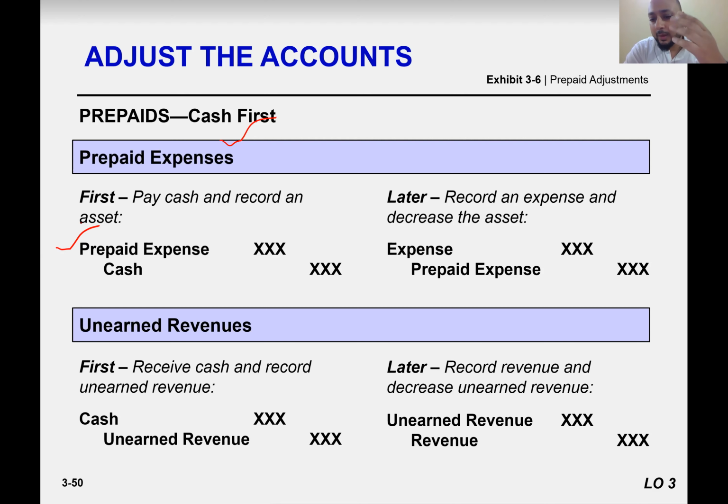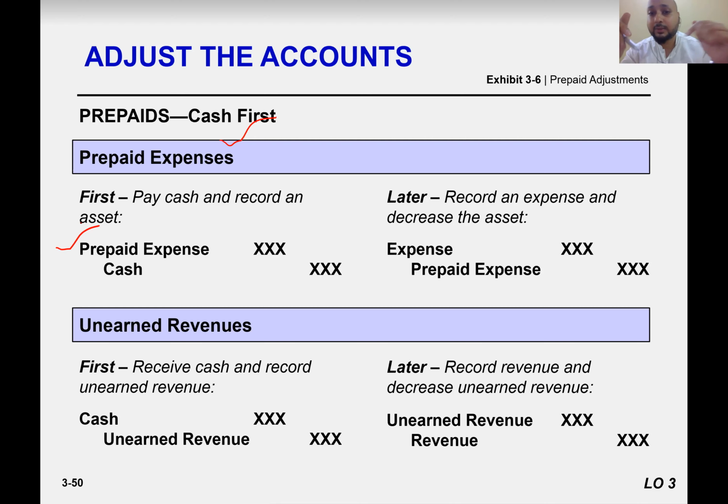Later on, when the expense is actually consumed, there is a decrease in prepaid value, and that becomes your actual expense, because now we can convert that prepaid into real expense. So we apply the expense recognition principle here.